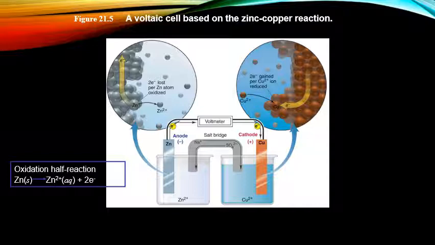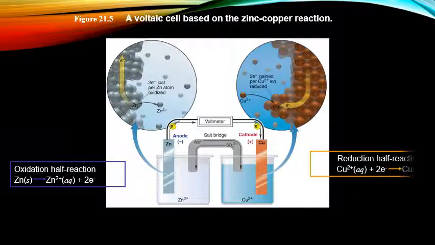So if you notice with my half reaction for the oxidation, I have the Zn coming into the solution and forming Zn2+. So I'm getting a more positive cell compartment on the left. And so to balance out that charge, you'll notice that I have SO4 2- ions migrating into the anode. So the anion from our ionic compound migrates towards the anode.